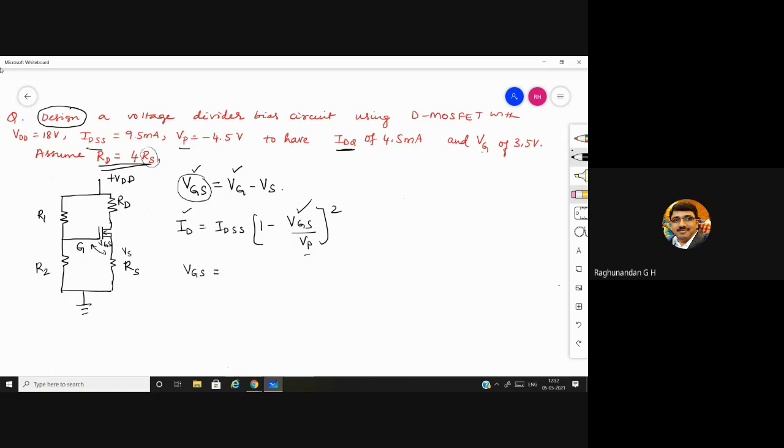Let's do it. I want everyone to do. Substitute ID. ID is equal to 4.5 milliamps. That is equal to 9.5 milliamps into (1 minus 3.5 by minus 4.5) whole square.